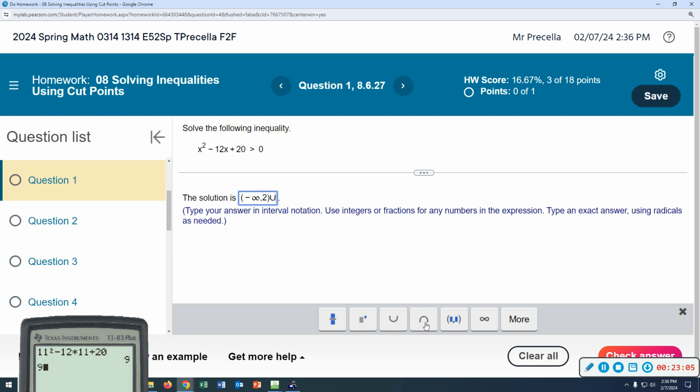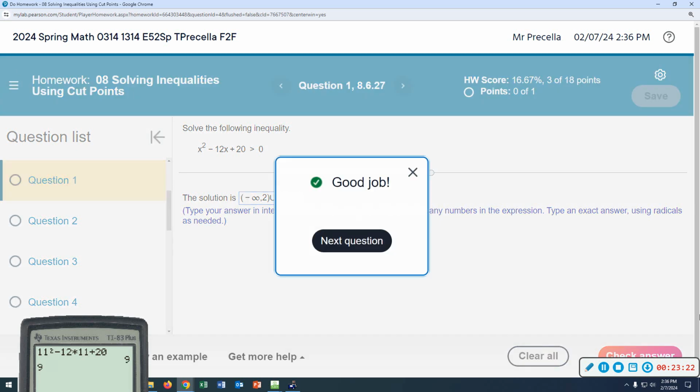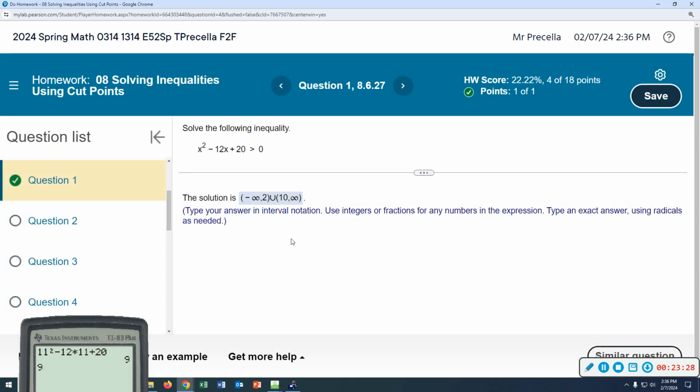You would never be using this intersection symbol; you use the one that looks like a U, not the N. Parentheses, 10, comma, infinity. Any questions there? Okay.